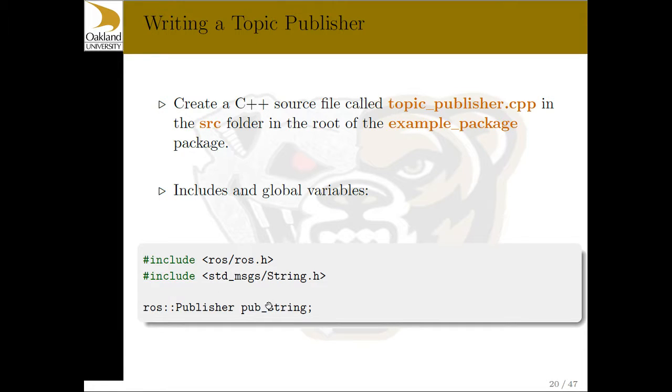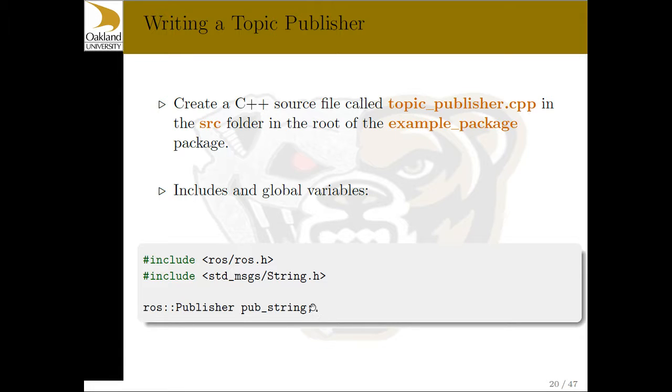In general, actually always, you have to include the header file that defines that message type. So in this case, we're going to be subscribing to a std_msgs String, so we have to put the header file for that message as an include.